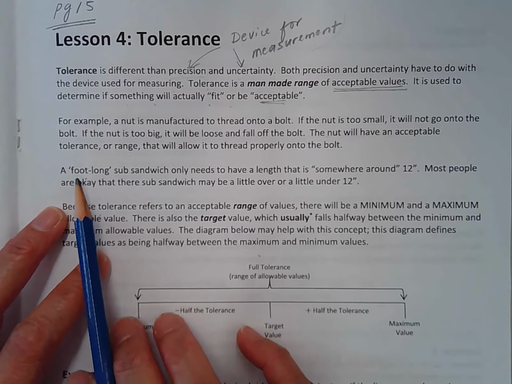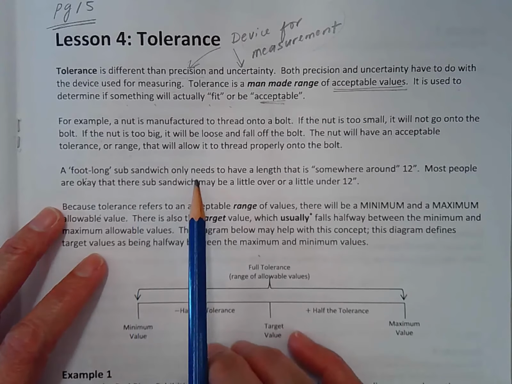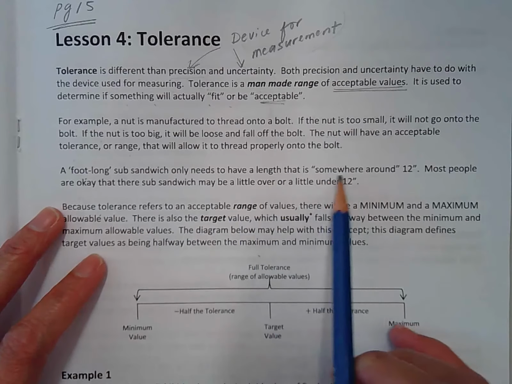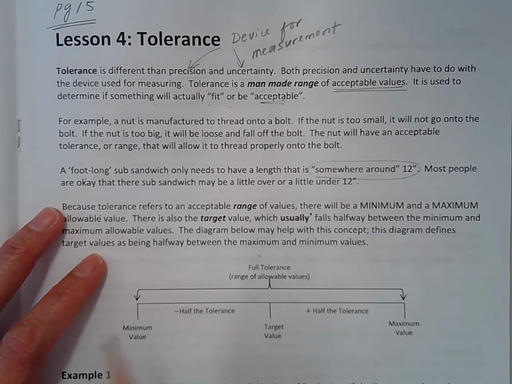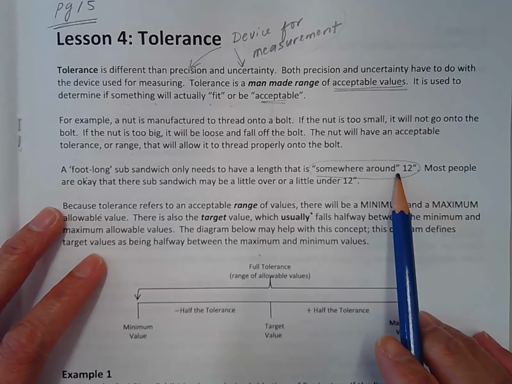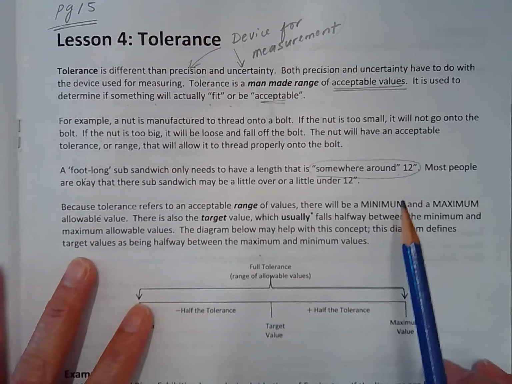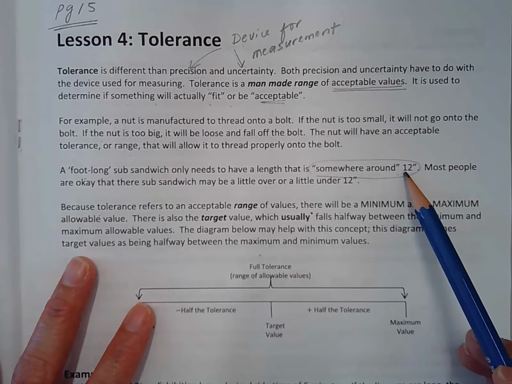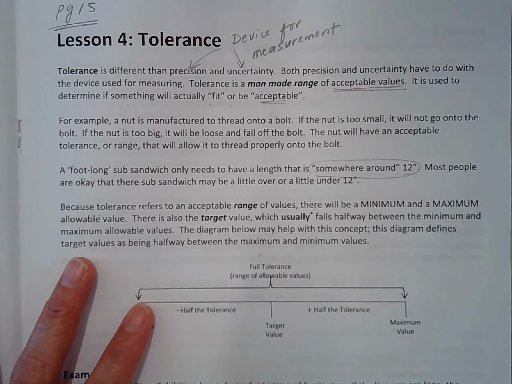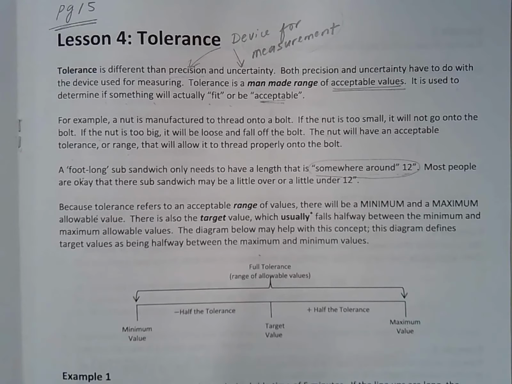So let's take a look at this one. A foot-long sub only needs to have at least somewhere around 12 inches, right? So we know that when we order a sub from Subway, or any sub, and you ask for a foot long, you are expecting about a foot long, right? Is it going to be exactly 12 inches?